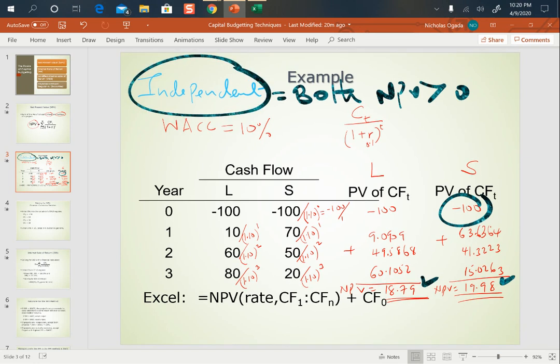In other words, the cash flow of one does not affect the cash flow of the other. If these two projects are independent, you are going to choose both of them.